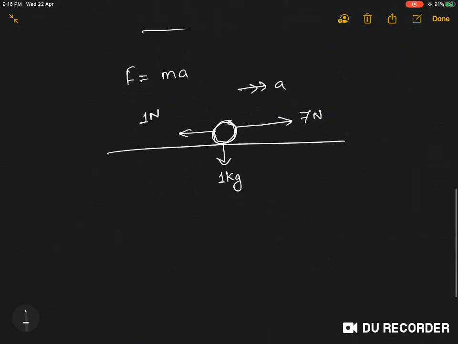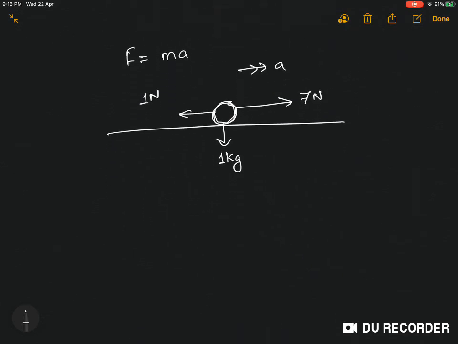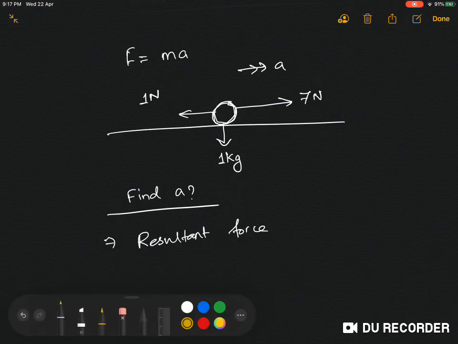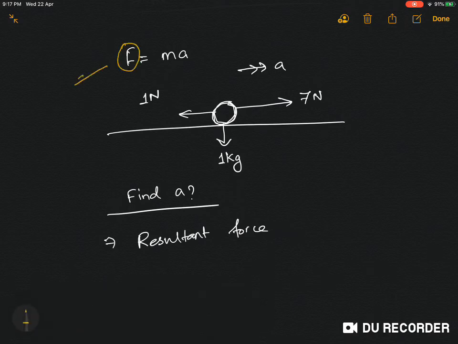So if they ask me to find a, the acceleration of this particle, then I need to find the resultant force first. What is the resultant force acting? Because this F is not just force, it's resultant force. Please remember this, okay? It's a resultant force.